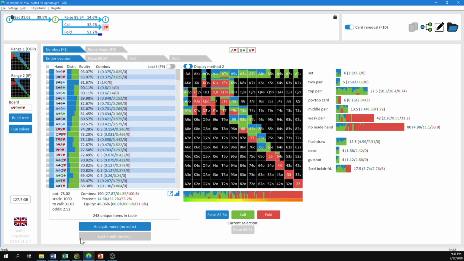Now, I ran this a few more times, and I ran this once from this solution.